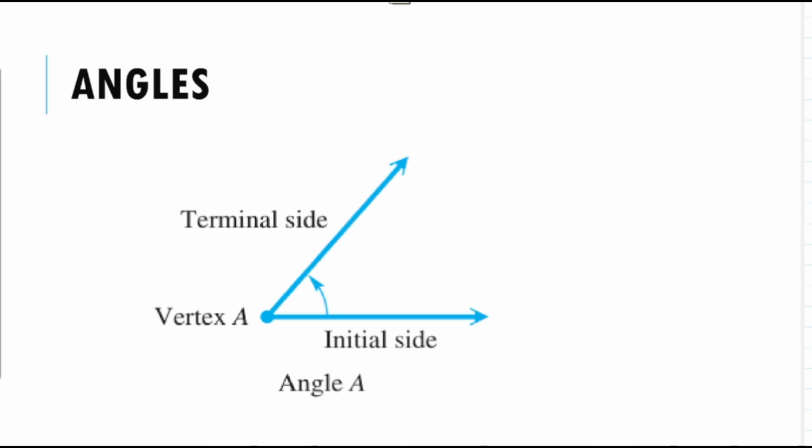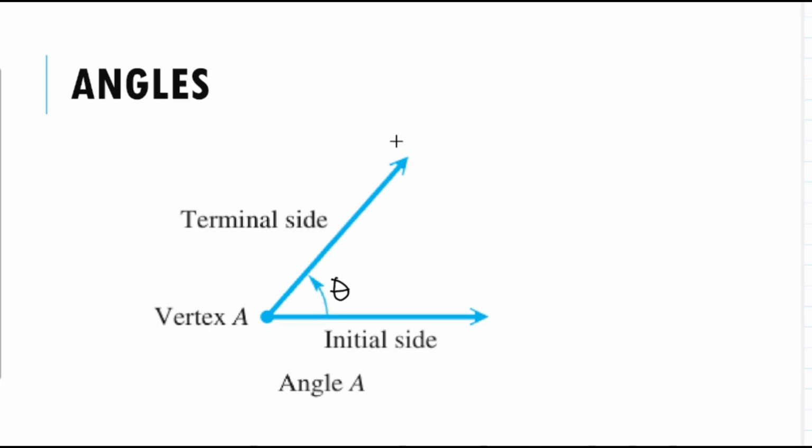First of all, you know that a ray or a half line is a portion of a line that starts at a point and ends at a particular point also. When two rays of line meet, we have an angle. This place forms an angle, and you have angle theta.